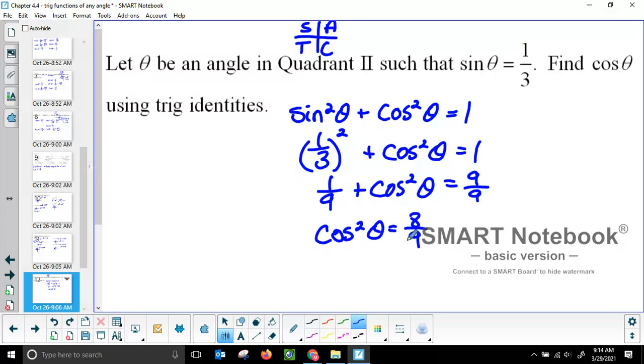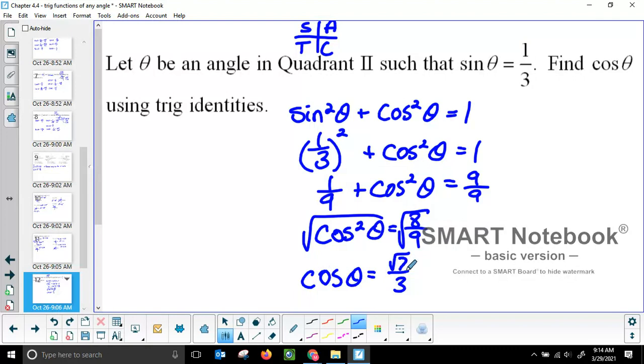I don't want cosine squared theta, I just want cosine theta. So I'm going to take the square root of both sides here. So cosine of theta, whoops, not cosine squared, cosine of theta. When we take the square root of a fraction, we can take the square root of the top over the square root of the bottom. The square root of the bottom is obviously 3.